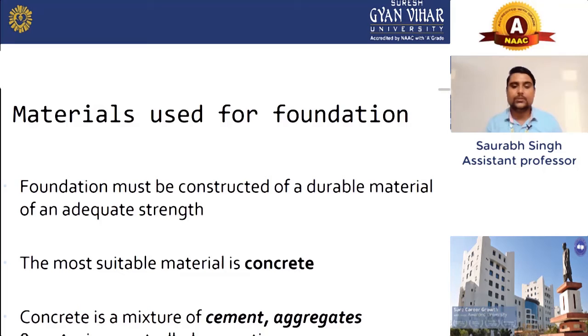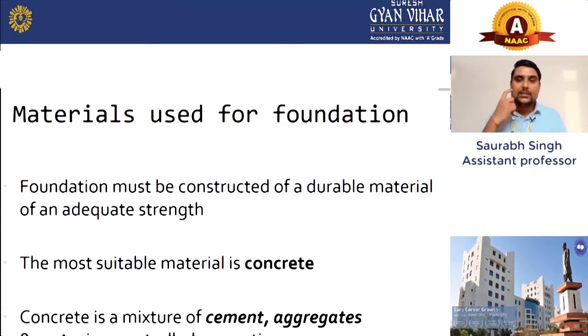One thing I would like to tell you here: if anybody asks what is the definition of concrete, you cannot say directly it is a mixture of cement, aggregate and water. You have to also use a word like controlled, meaning there will be proper proportion. Without proper proportion, you cannot make concrete.